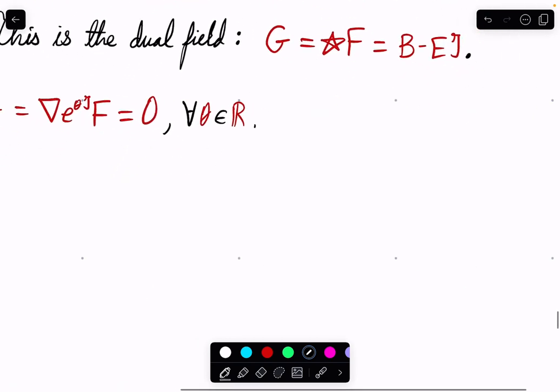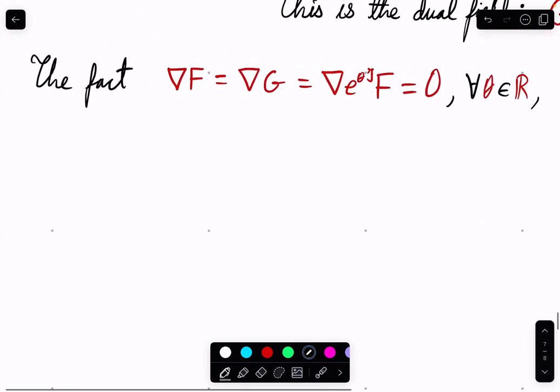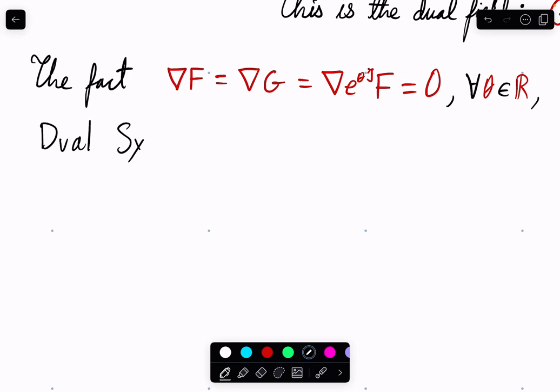The fact that this is true is known as, I'll call it this, the dual symmetry of vacuum electromagnetism.